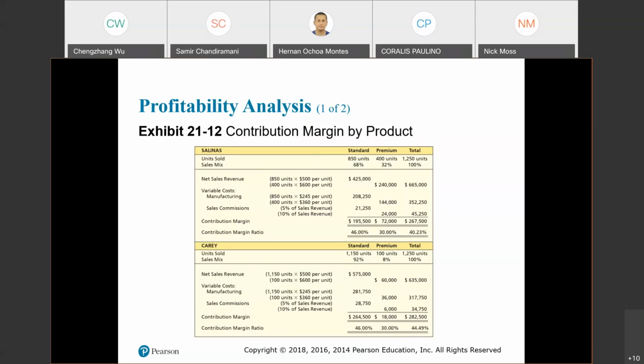But that's not the case, because the high-end branded vehicles also have a high cost, resulting in actually a lower contribution margin ratio than the low-end vehicles.